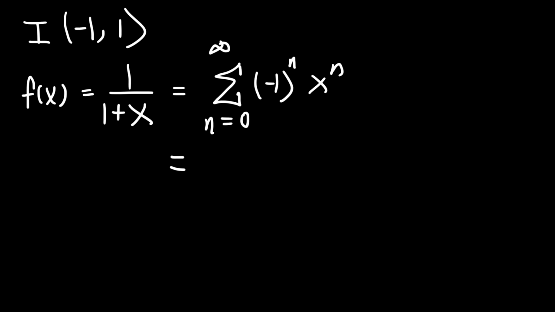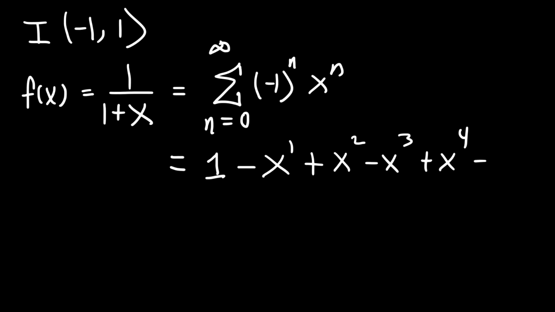So when n is 0, -1 to the 0 is 1, and x to the 0 power is 1. So the first term is 1. When n is 1, we're going to get -x. When n is 2, -1 squared is 1, and so it's going to be positive x squared. And then it's just going to repeat. So you can write out as many terms as you want to, and it's going to go on forever.